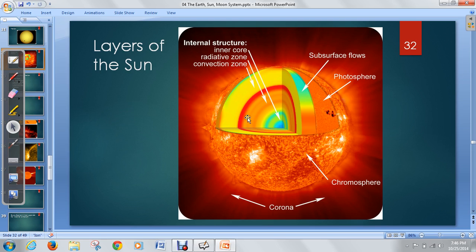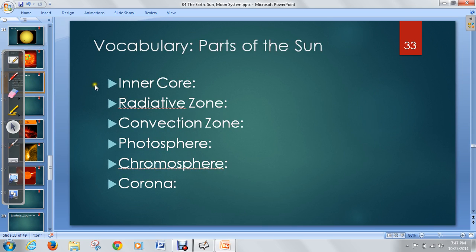I'm going to move on from this picture because it's a nice picture, but we really want to look at the mechanics, what's making the sun work the way it does. To start out, let's write down these 6 layers: the inner core, the radiative zone, the convection zone, the photosphere, the chromosphere, and the corona.